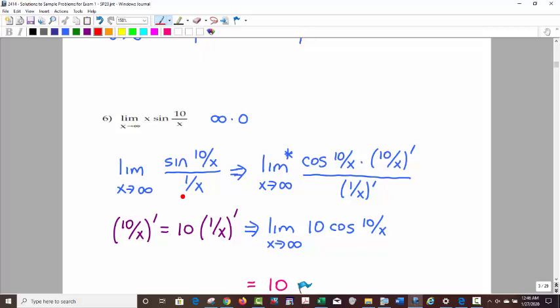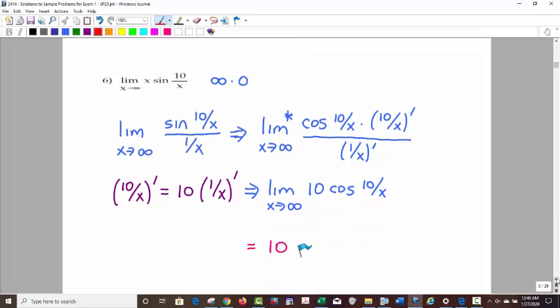So now I have sine of 10 over x, and then 1 over x on the bottom. Now, the derivative of sine of 10 over x will be cos of 10 over x times the derivative of 10 over x, which I'm not going to actually take when I show you the next step, but it would be okay if you took the derivative right here. Same thing on the bottom, I just wrote it as 1 over x prime.